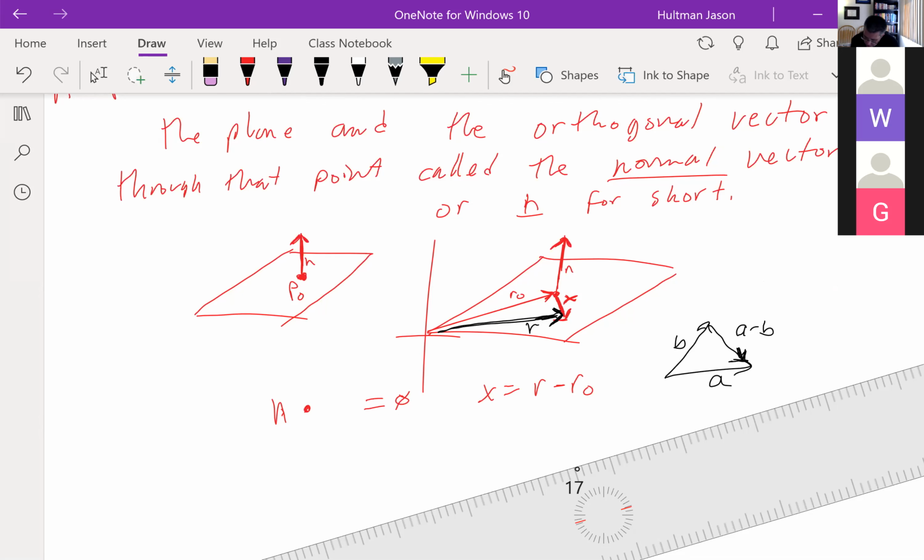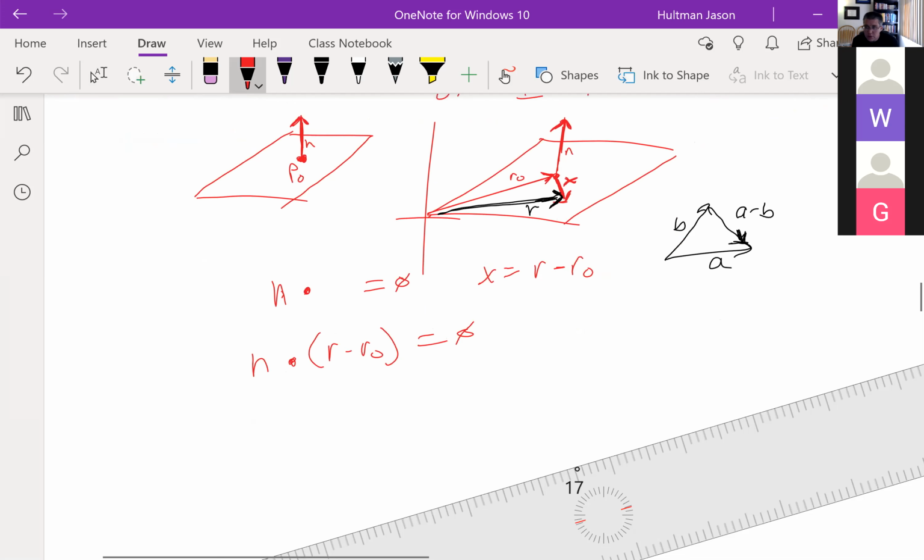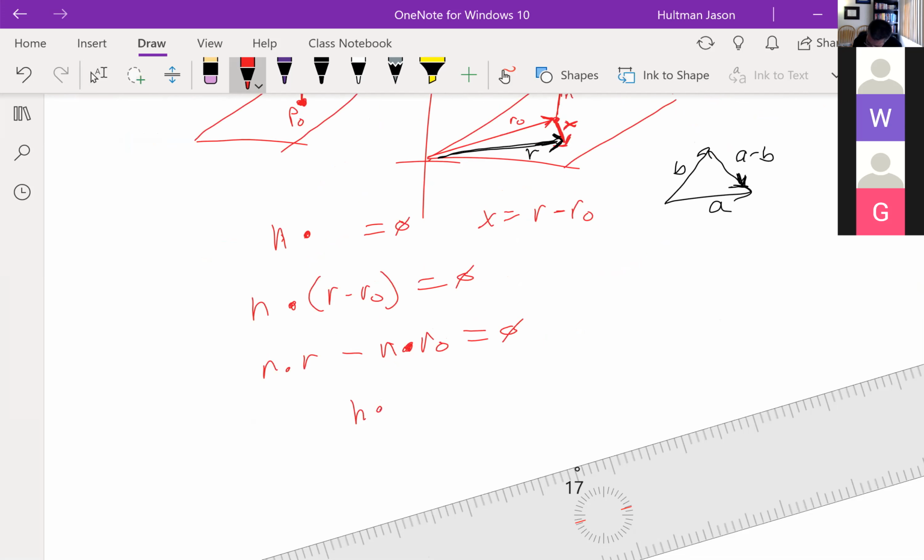Okay, so now what I'm going to do is say n dotted with R minus R naught is equal to 0. I'm going to do distribution of dot product. So n dot R minus n dot R naught is equal to 0. And I'm just going to say, n dot R is equal to n dot R naught.